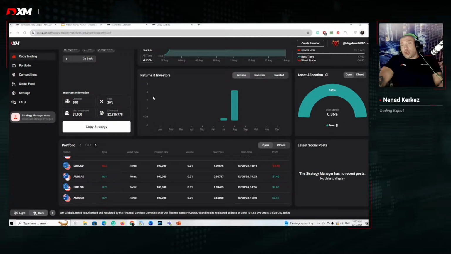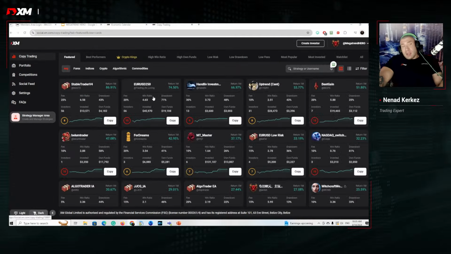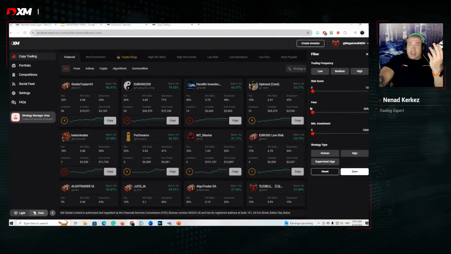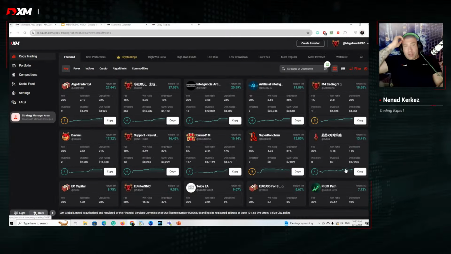You can also choose medium risk. When you go to filter, you can put risk score 5 or 6. So it would be medium.